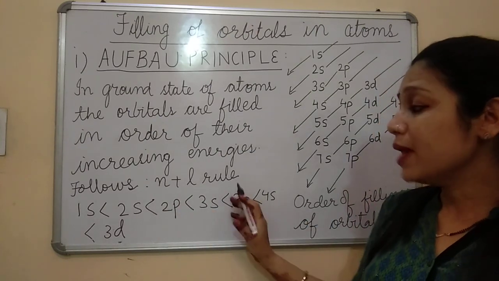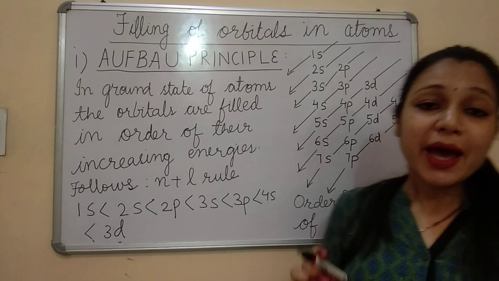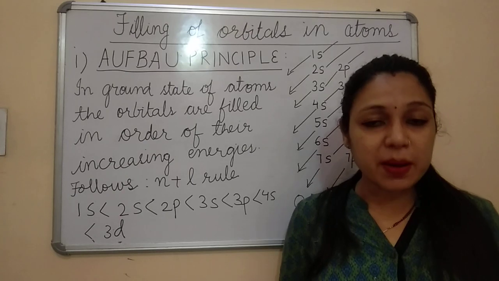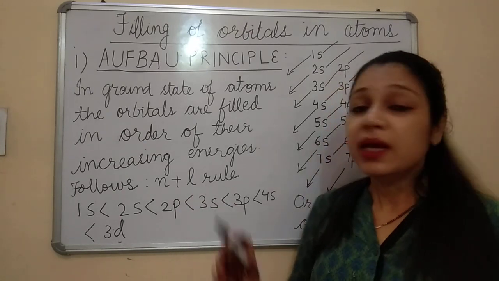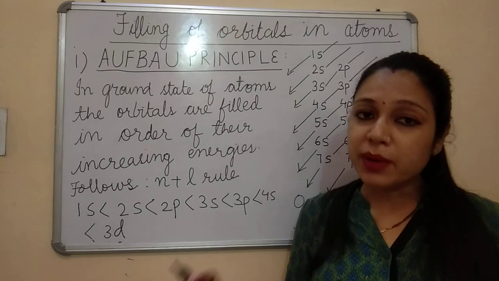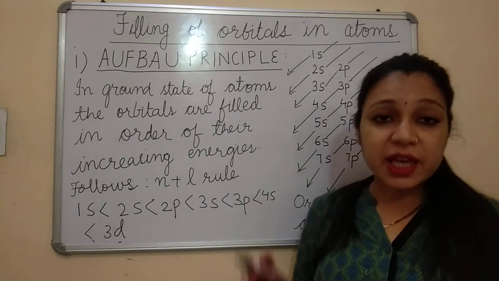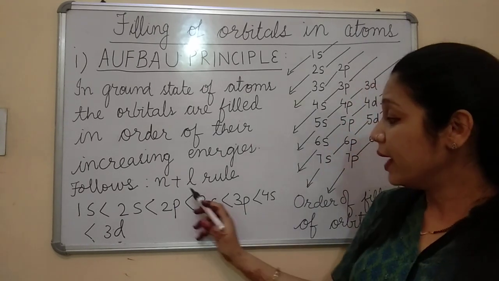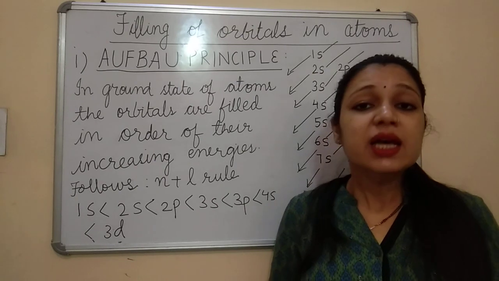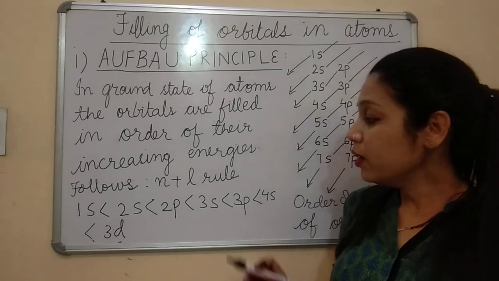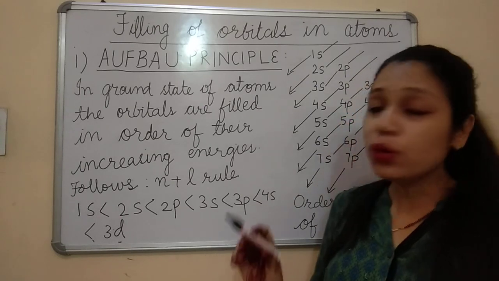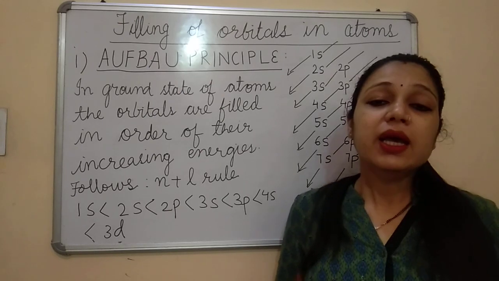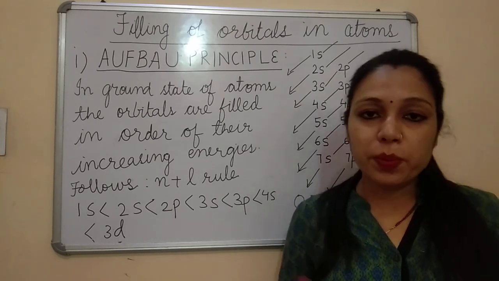Now, what is this n plus l rule? n is the principal quantum number and l is the azimuthal quantum number. n gives us the information of principal shell, and l is the subshell, and we know properly how to find the value of n and l in case of any orbital.